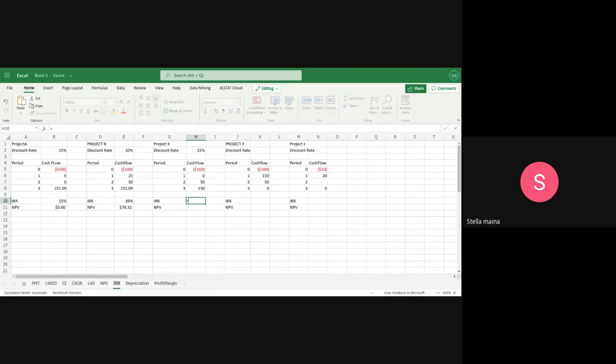So is equals to IRR, into brackets, from H5 up to H8. So we get that as 29%. Of course, the NPV is going to be 0.